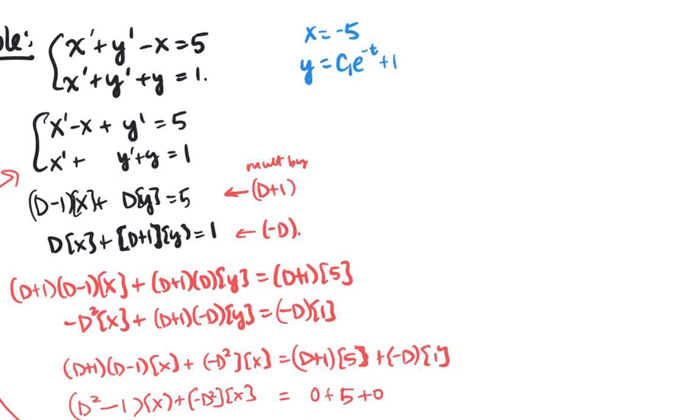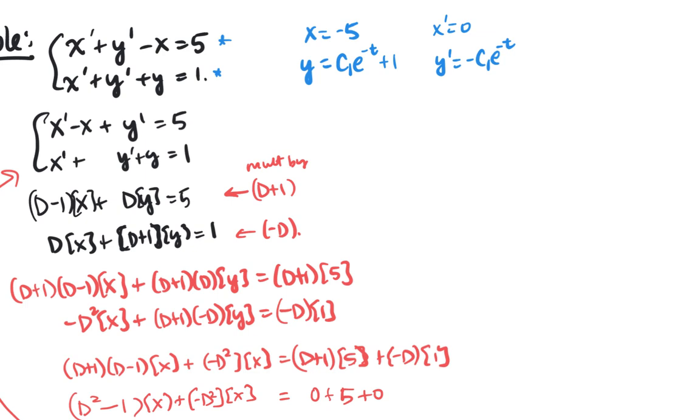Obviously x prime is just going to be 0, and y prime is going to be negative c1 e to the minus t. And so if I plug all of those into these differential equations, you'll see that it's going to work out. If I do x prime plus y prime plus y, that's going to give me the 1.